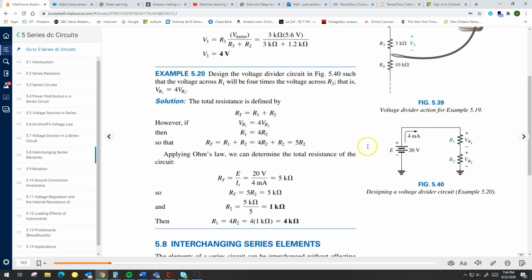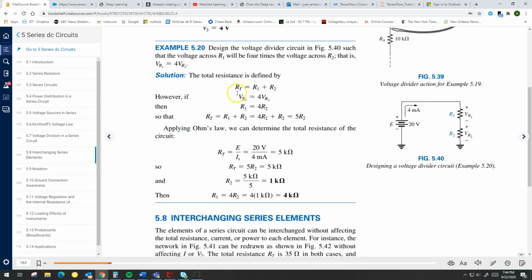All right, let's do one more. So let's go 520. It says design the voltage divider circuit in figure 540 so that the voltage across R1 is 4 times the voltage across R2. So we want the voltage across R1 to be 4 times the voltage across R2. Okay, so the total resistance again is going to be the sum of the two resistors.